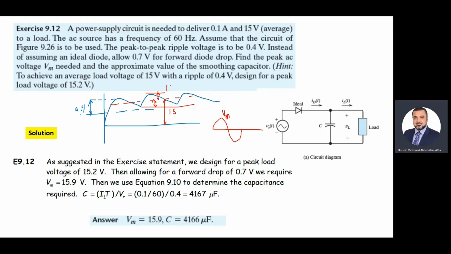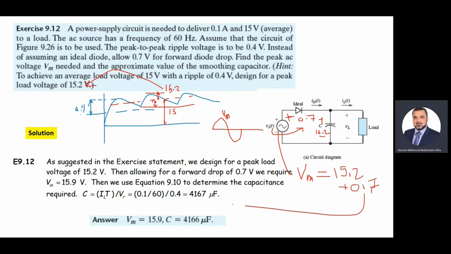So the maximum here is 15.2, which the problem already gave. The voltage drop across the diode is 0.7, and the maximum across the load is 15.2. This means the maximum of the input will be 15.2 plus 0.7.